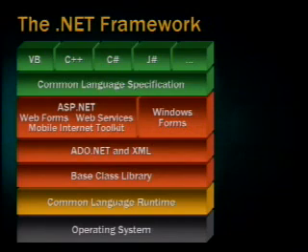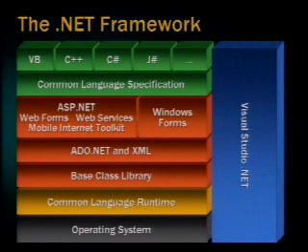And supporting that Common Language Specification, we are ourselves shipping 4 languages, Visual Basic, C++, C#, and J#, but industry partners are building, at this point we have in excess of 20 languages supported on the runtime. And then finally, of course, supporting the entire stack is the development tool Visual Studio.NET.